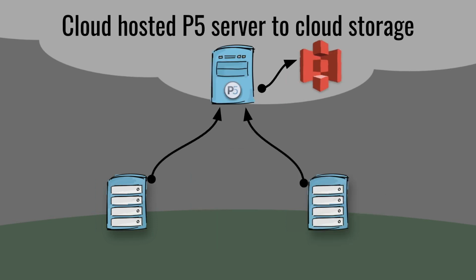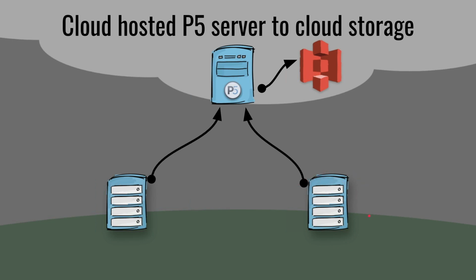Another way of thinking about it or doing it is in a cloud infrastructure like Amazon AWS EC2, you could run a Linux or Windows virtualized machine in the cloud and then not have P5 running on premise. So you take your storage systems on premise across different sites.